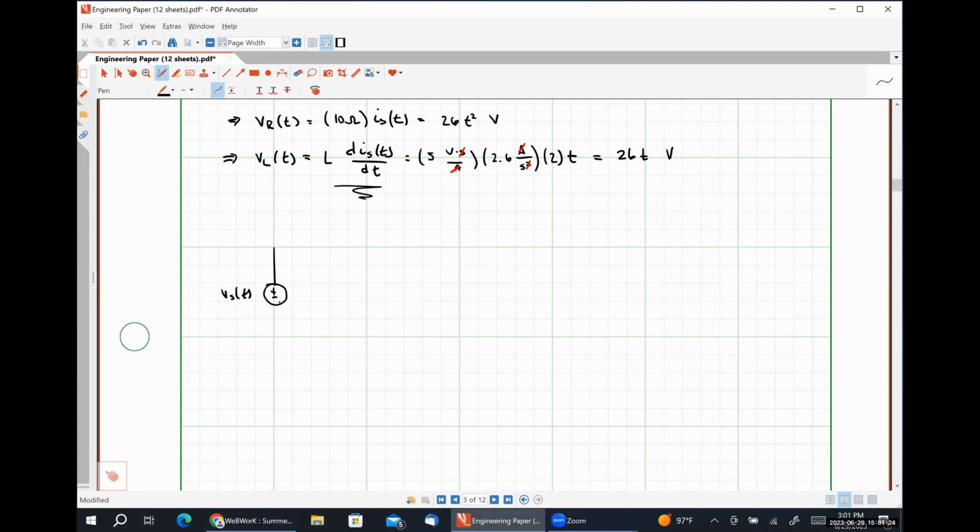So we have Vs. I believe we had some resistance here, 10 ohms. Oh, same 10 ohms and 5 henries. Oops, that should be a henry, not an ohm. Our goal is to figure out this quantity I_N of t.